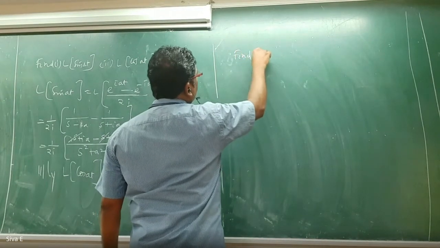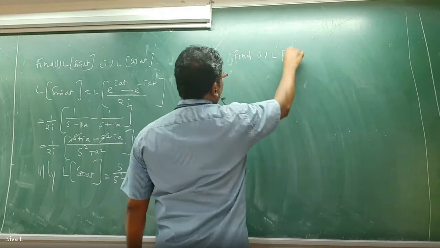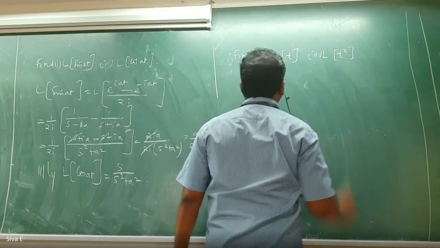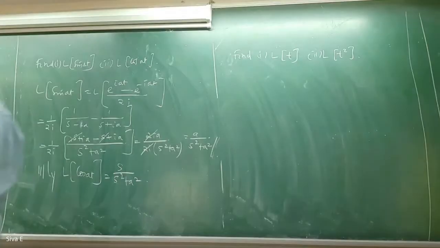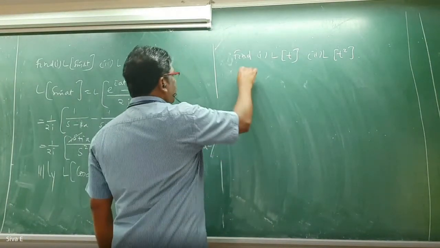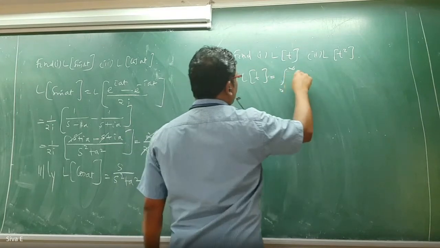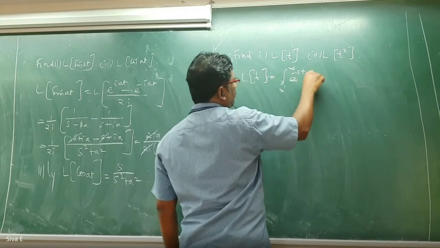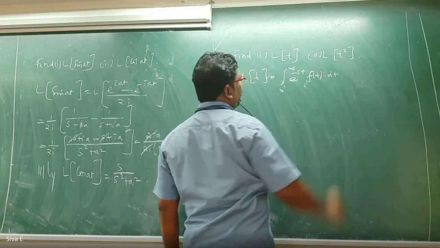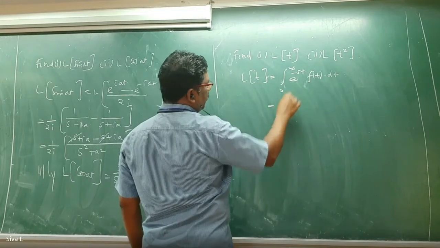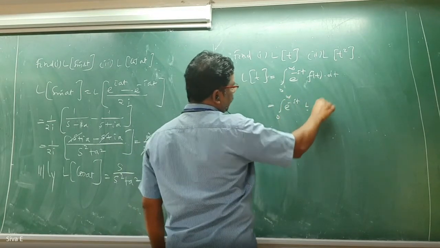Find the Laplace transform of t, and the Laplace transform of t square. The Laplace transform of t is the integral from 0 to infinity of e power minus st f of t dt. So the integral from 0 to infinity of e power minus st times t dt.